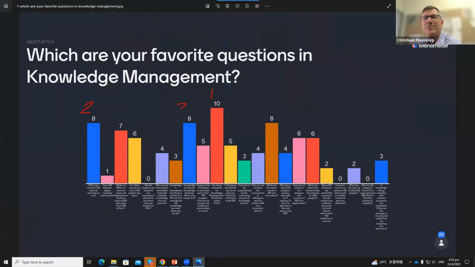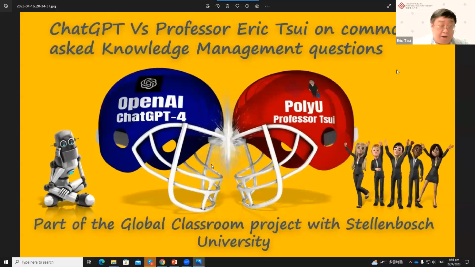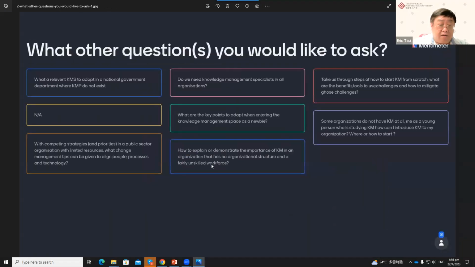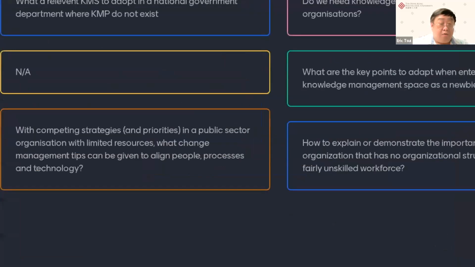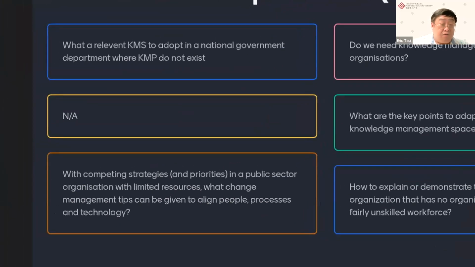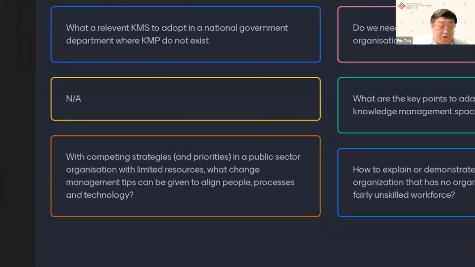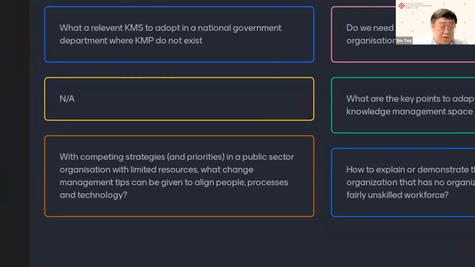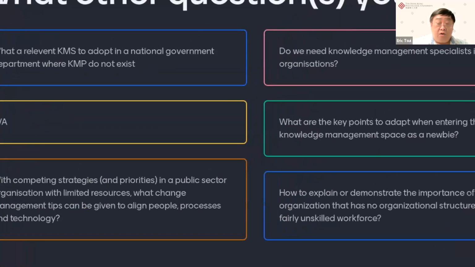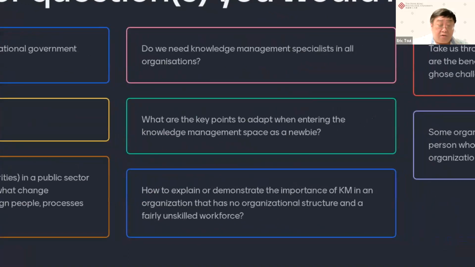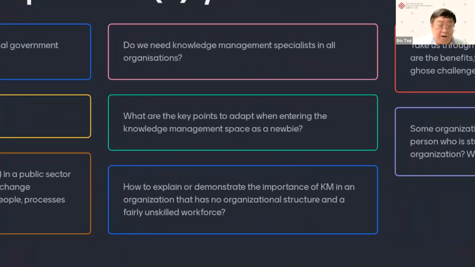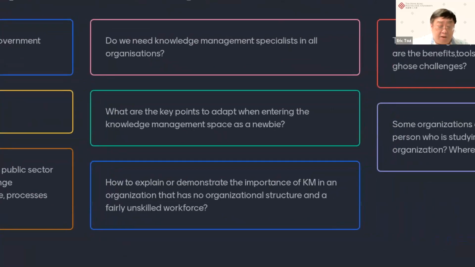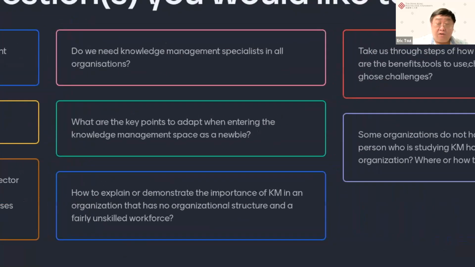Okay. So I add 2 more because there's a second part to that survey, where you were asked, what are the questions you would like to ask? So we get more responses. You can run your eyes over it: what are relevant KMS to adopt, with competing strategies and limited resources? What change management tips can you give? Do we need knowledge management specialists in all organizations? What are the key points to adapt when entering a KM space? How to explain or demonstrate the importance of KM in organization?